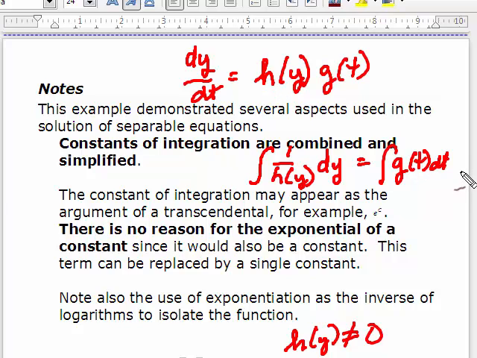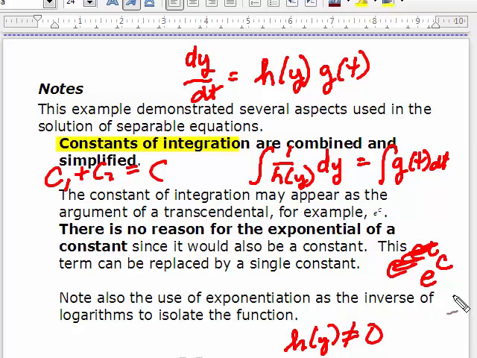You carry out the integration, and part of the steps in the integration is that you combine and simplify constants of integration. If you have two constants added together, for example c1 plus c2, we just write them as c. If you have e raised to the c, then you just write that as c.